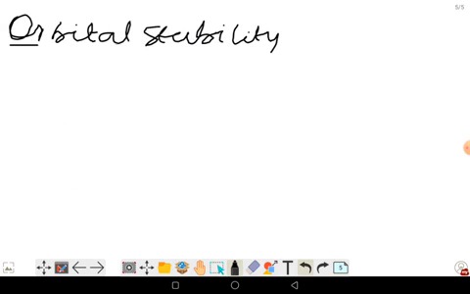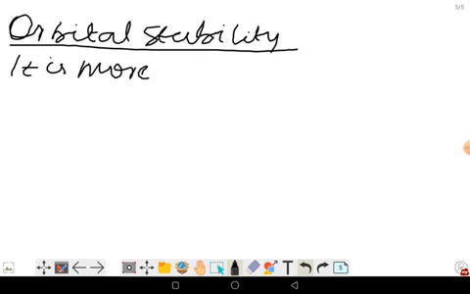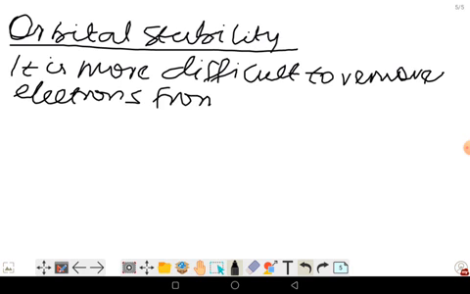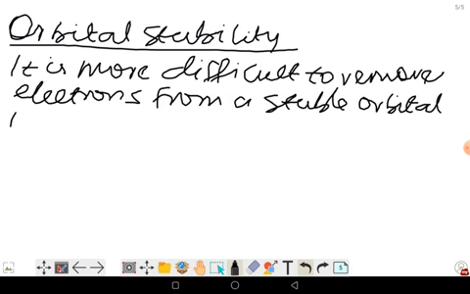It is more difficult to remove electrons from a stable orbital than from an unstable one.